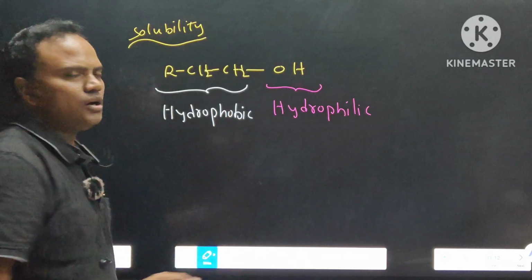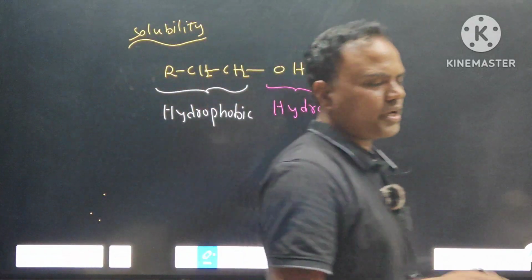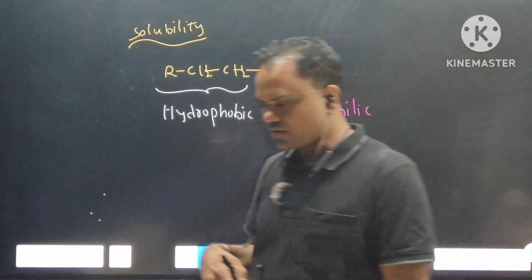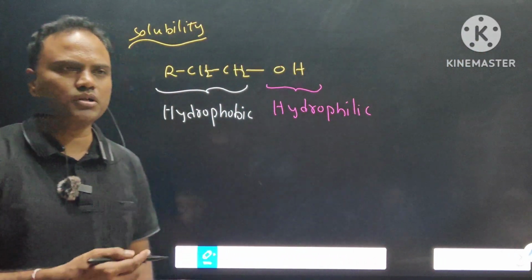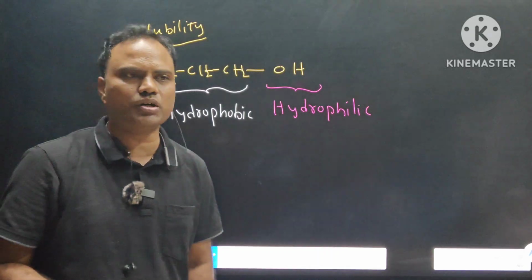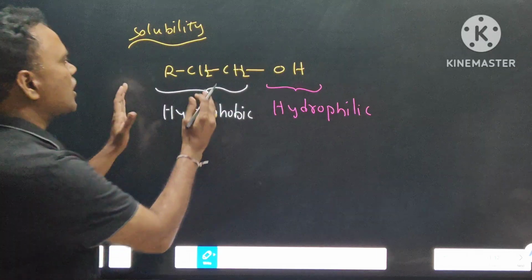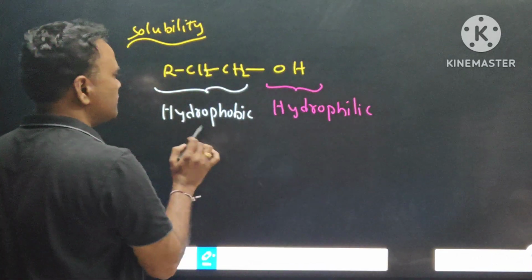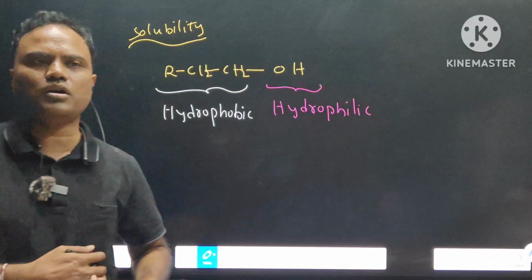We already know that hydrocarbons like straight chain alkanes or cyclic alkanes are insoluble. Petrol is the best example. Petrol is a hydrocarbon, contains only carbons, insoluble in water. Kerosene, insoluble in water. Diesel, insoluble in water. So if a carbon chain is present, it is insoluble, it hates water. If the OH part is present, it is soluble.